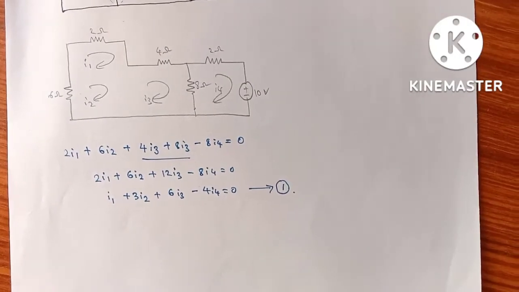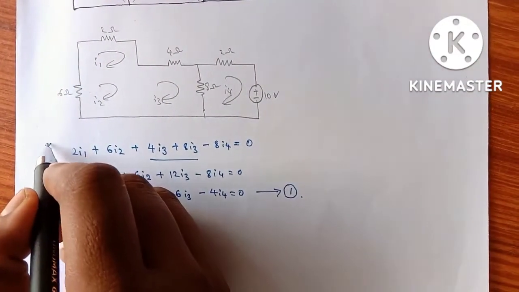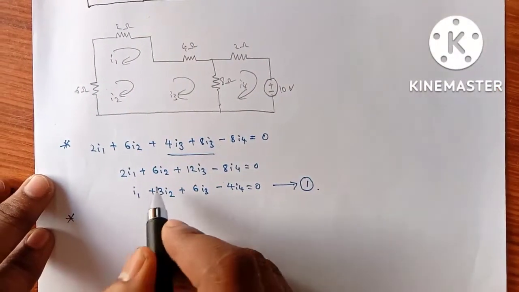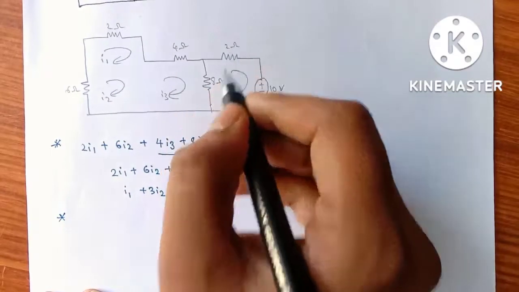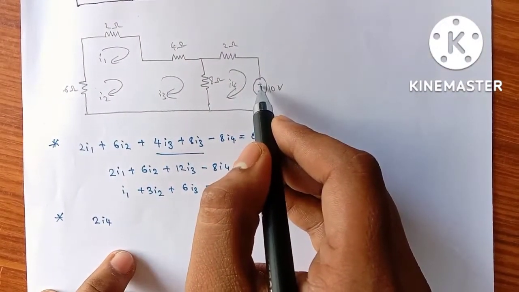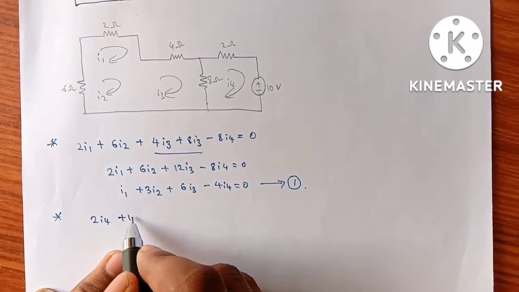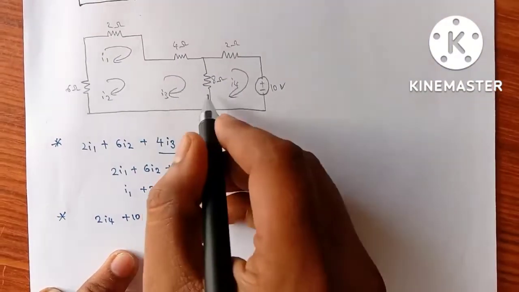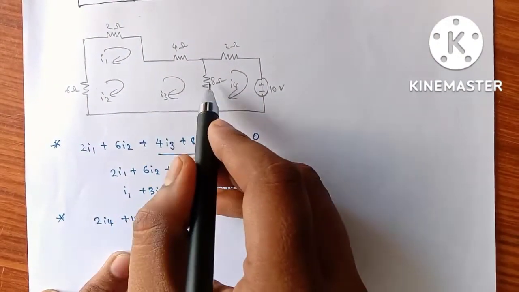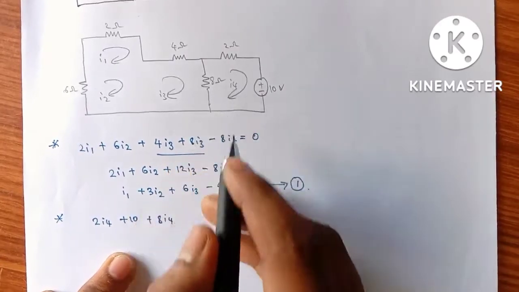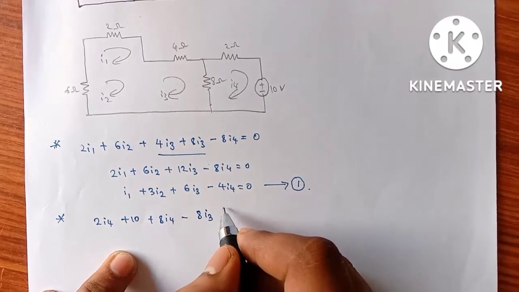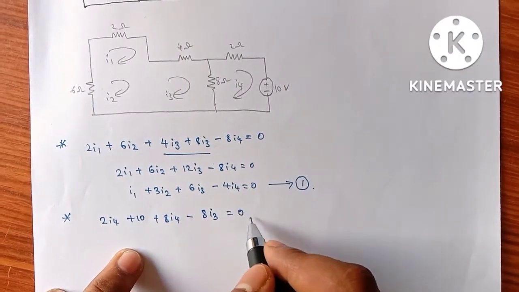Now from loop I4 we get the equation as 2I4, touching the positive terminal first, so plus 10, plus 8I4, and again I3 affects the I4 loop, so minus 8I3 equals 0.